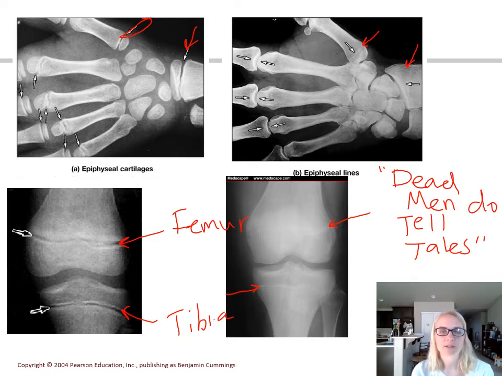There's that saying, you know, dead men don't tell tales. Well, according to this forensic anthropologist, Dead Men Do Tell Tales. Very good book, lots of case studies, just amazing the kind of information that they can gather from skeletons. All different full skeletons to just little tidbits of bone that they're able to solve cases with. It's very fascinating. All right, so that is our endochondral ossification.